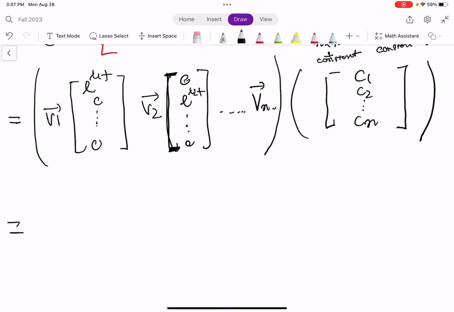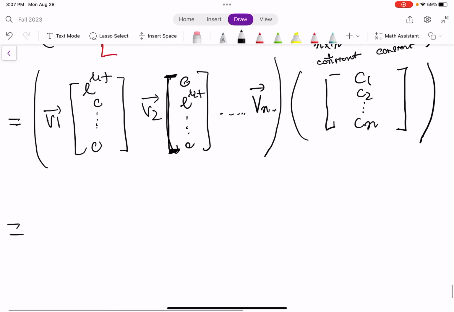So what is the left hand side equal to? The left hand side, if you notice, is very simple. This term right here will become v1 e to the lambda 1 t. Do you agree with me?